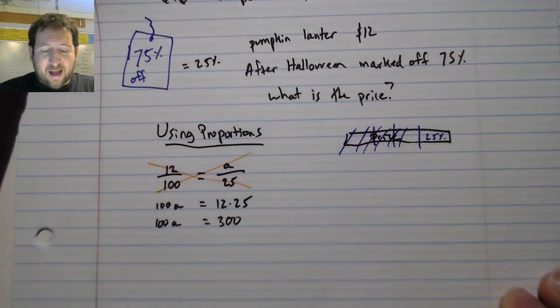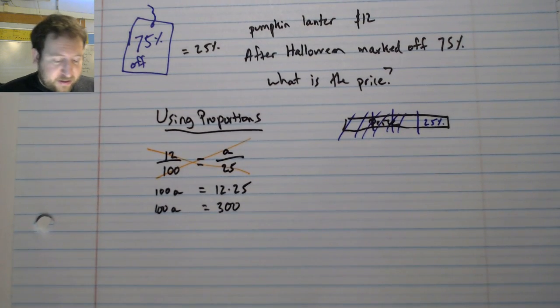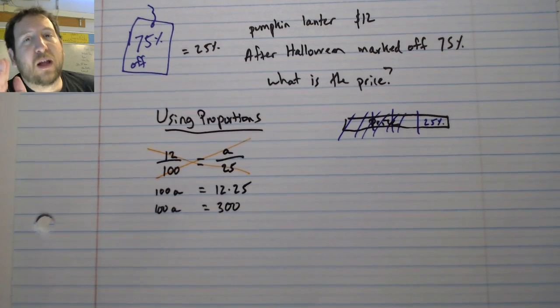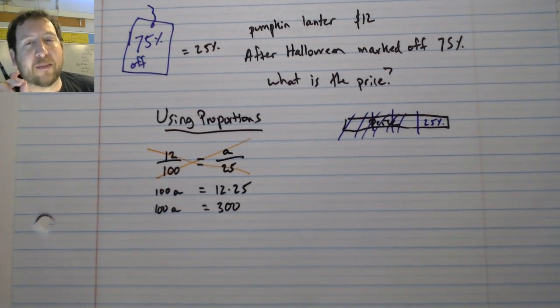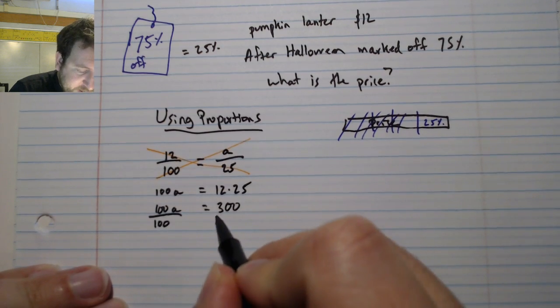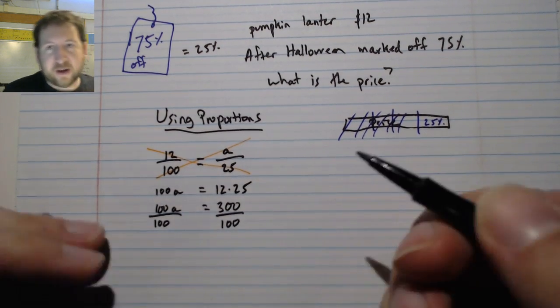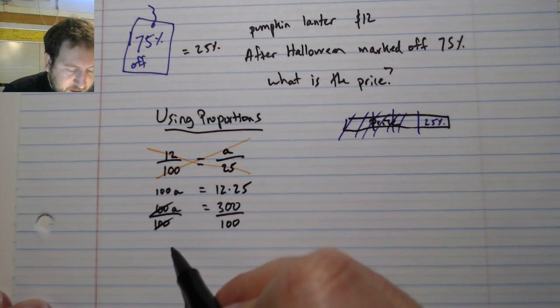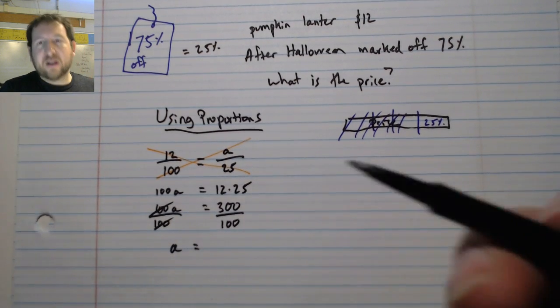Now, I need to get my A by itself, but there's something really cool that happens when I do these. Because I have 100, I get to divide both sides by 100. This side's easy. I end up with A. And 300 divided by 100.